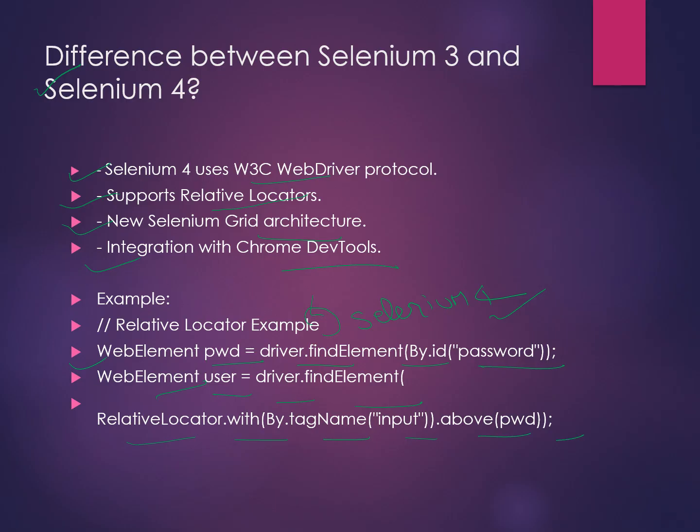This is the beauty of relative locators. How are we doing it? We are initializing the element in this variable, then we call the relative locator with tag name input above password from this element. This is what we get in Selenium 4, and it works with the W3C protocol.